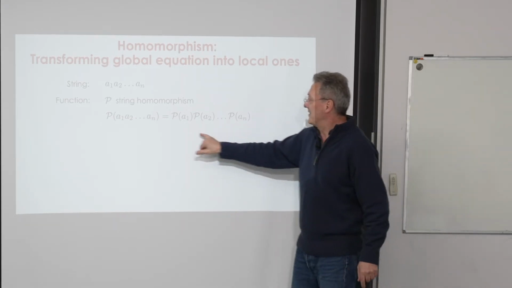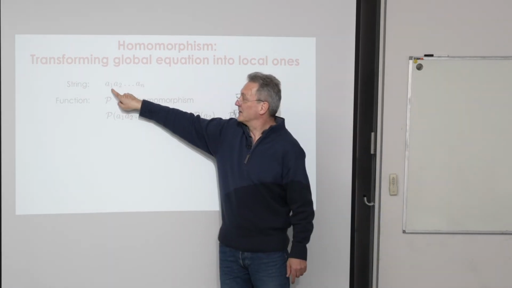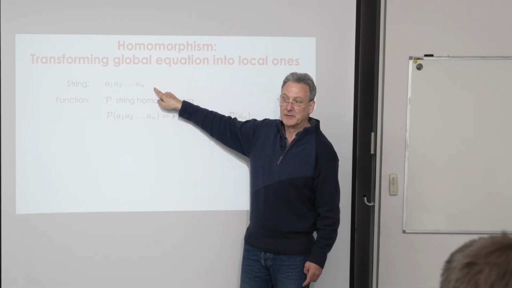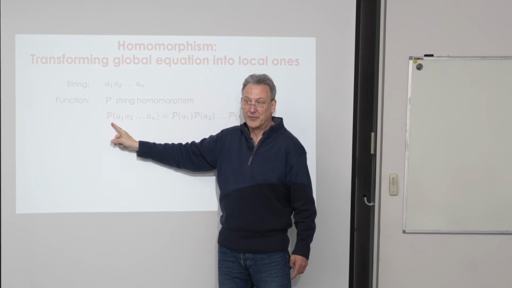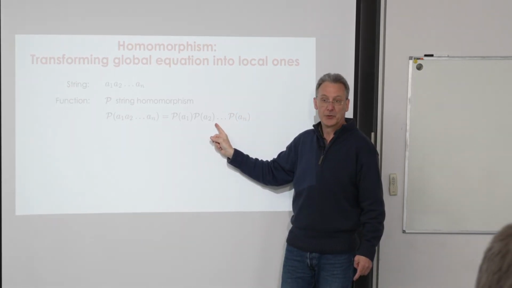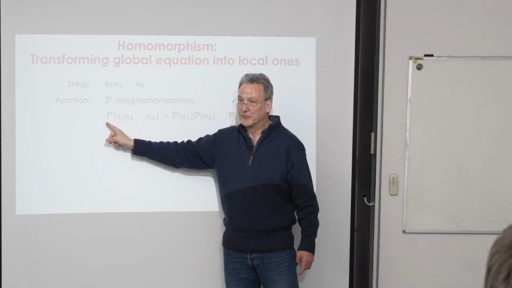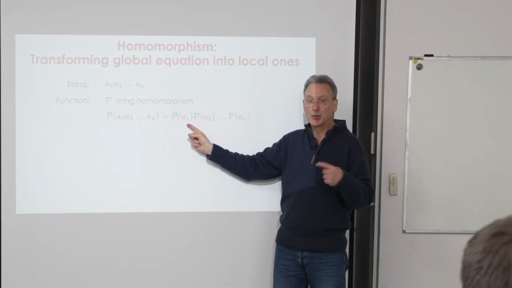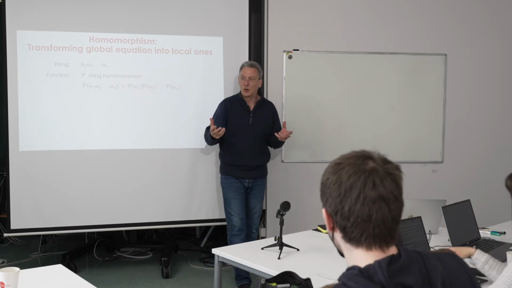And the trick here, maybe you didn't realize, is that a string is a string because there is an order between the elements. There is A1, A2, AN. When I apply the homomorphism to my string, the idea is that I will keep the order on the resulting components. So I have A1, A2, AN. Applying the homomorphism to this order will apply to each component in the same order. Okay? And this is why it is a homomorphism.